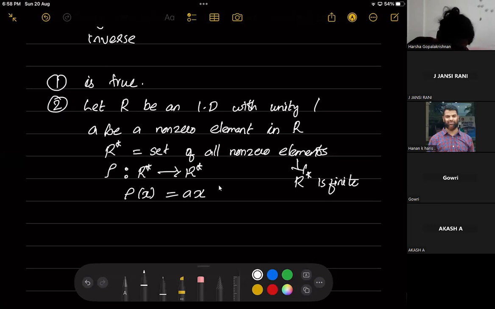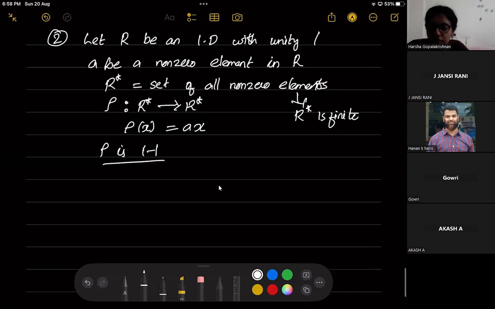Now, first I will prove rho is one-one. How do we check the one-one condition? One-one means different elements are mapped to different images. If so, then it is one-one, otherwise it is not.